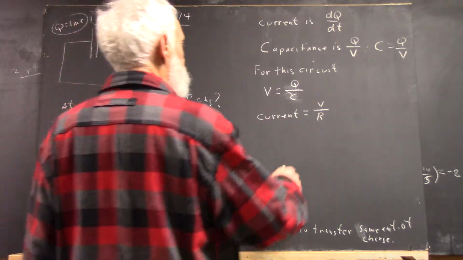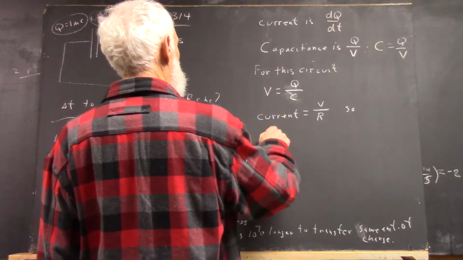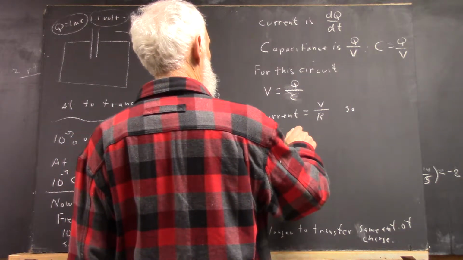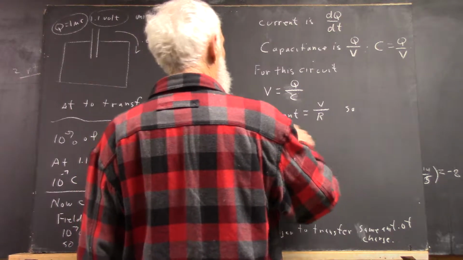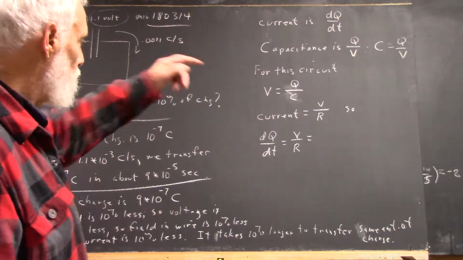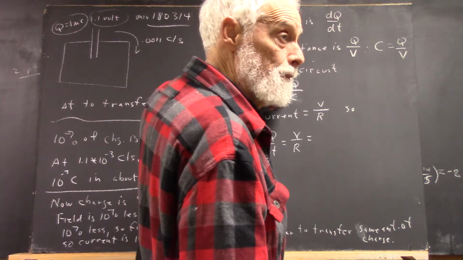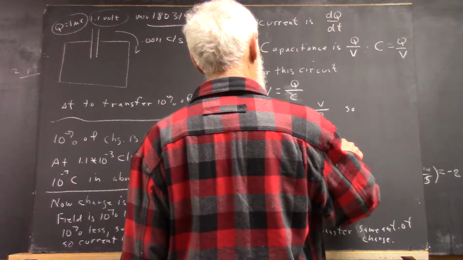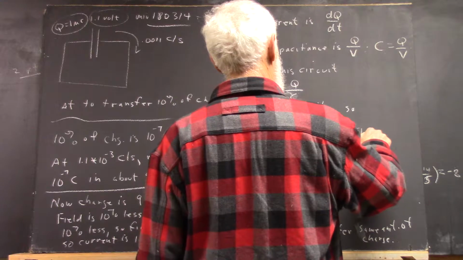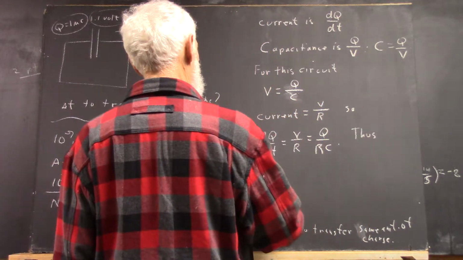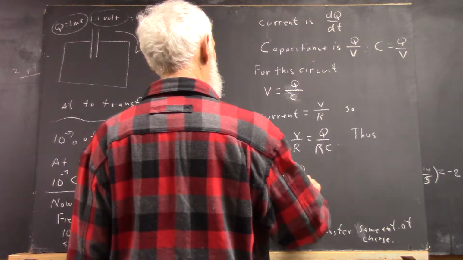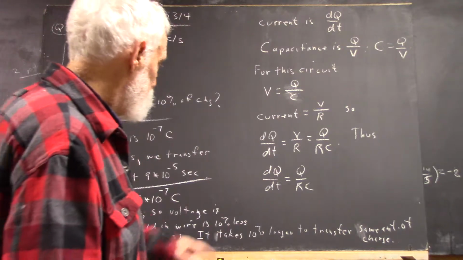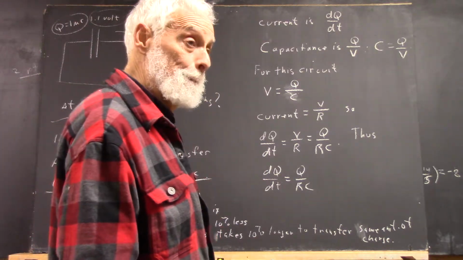So dQ/dt is voltage divided by resistance, but voltage is Q over C. It follows that dQ/dt equals Q over RC, and that's a really simple differential equation, right?